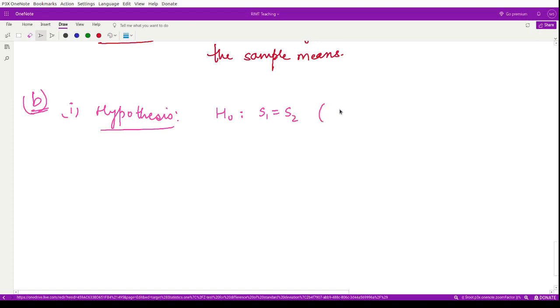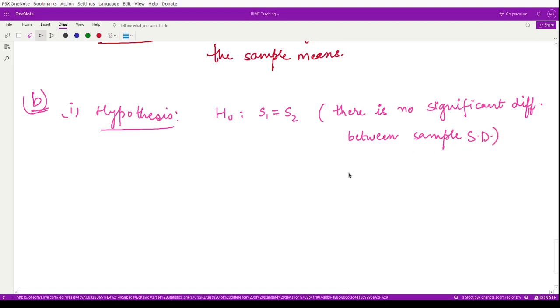So in words we will say that there is no significant difference between sample standard deviations, right?